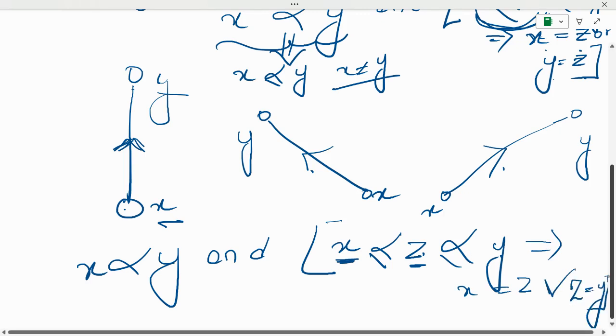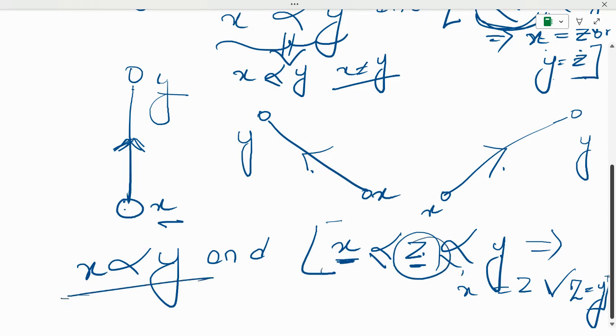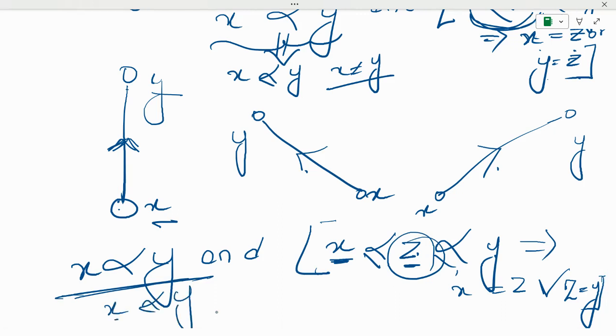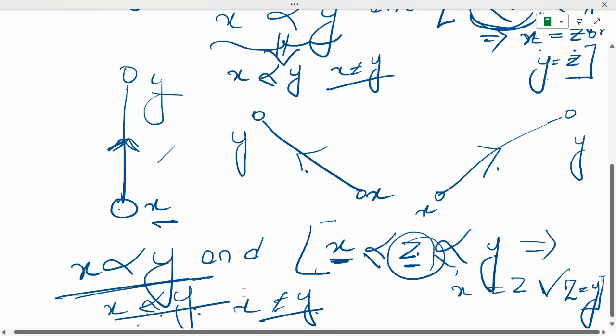This means there does not exist anything in between x and y, right? So it's simply x has a partially ordered relationship with y, and x is not equal to y. So this way it is represented: y covers x.